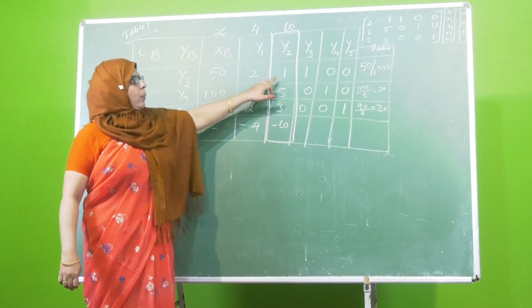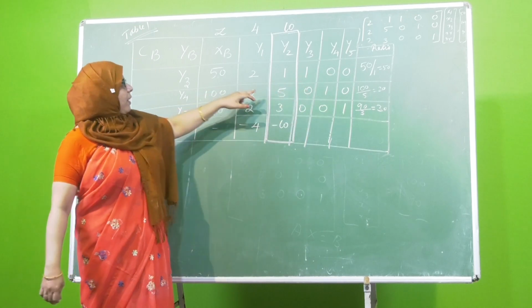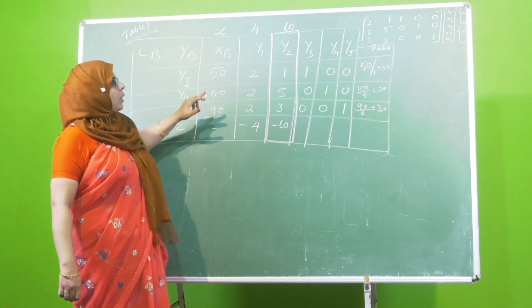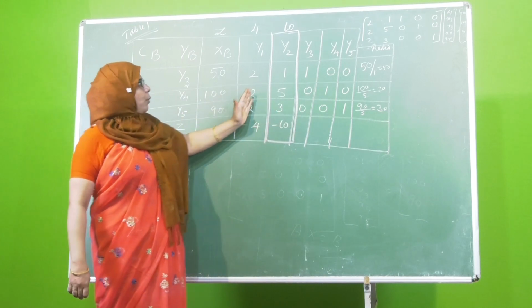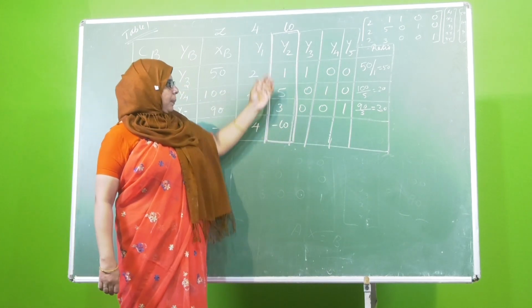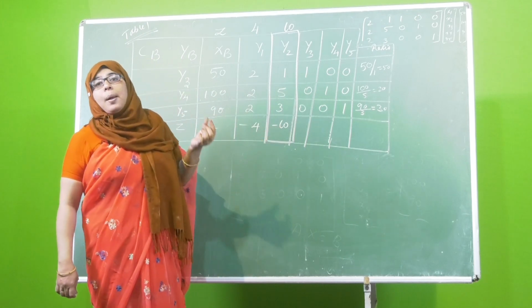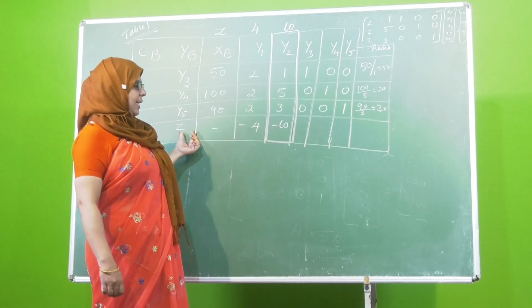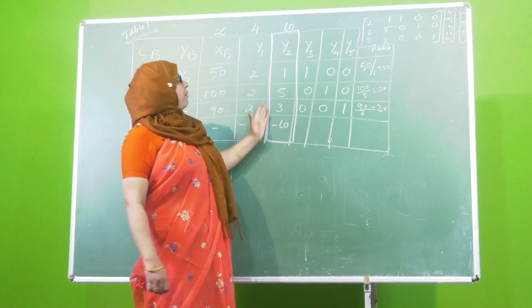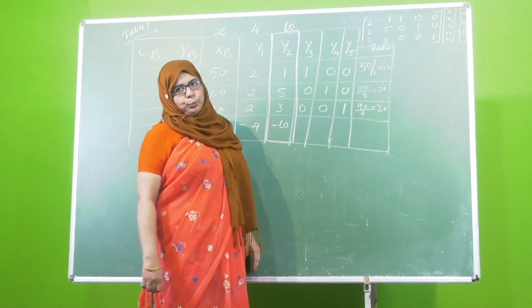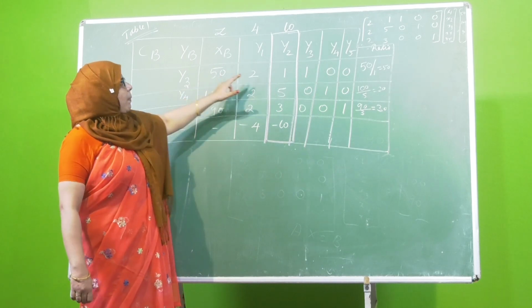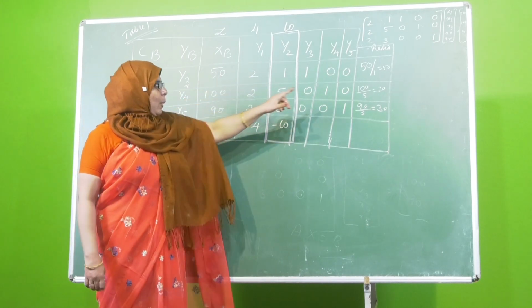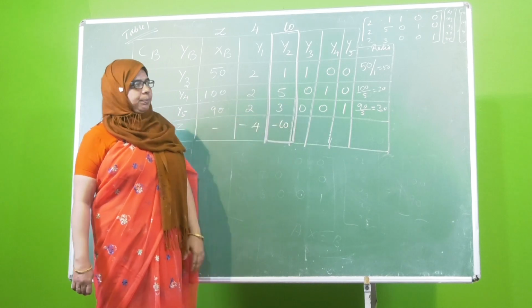Why do we select that column? Because minus 10 is the minimum element in Z. So, that's why we select the column Y2. Do you understand? Okay.